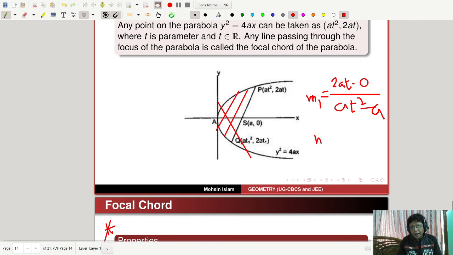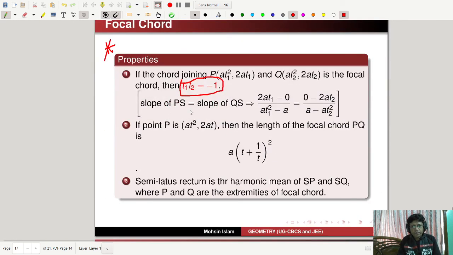This is M1, and you can get M2, the slope of QS: (2at1 minus 0) by (at1 squared minus a). Now this is the same line, so the slope of PS is equal to the slope of QS. If you equate, you will get T1 T2 equals -1. This is a very important result in parabola: for a focal chord, T1 T2 equals -1.